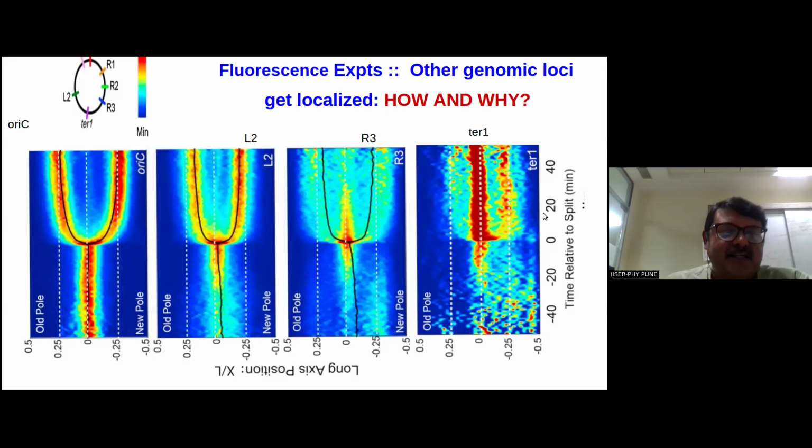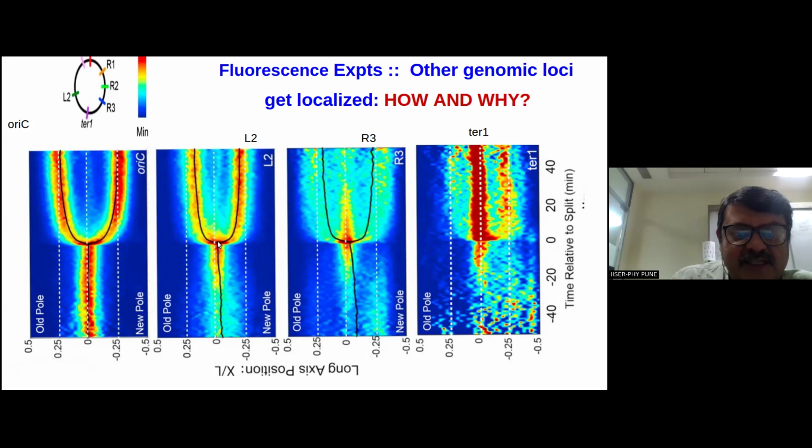Not only that, if you look at the other tagged points, now this is time, and this is the length of the cell, the long axis of the cell. What is being shown is the ori is in the middle. But then at a certain point in time, the two oris separate out and go and sit at the 2/4 position. Some other point, L2, which is tagged here, initially doesn't have a particular position.